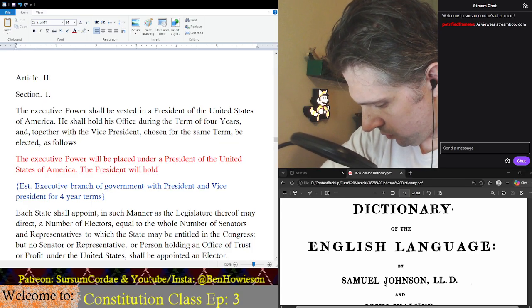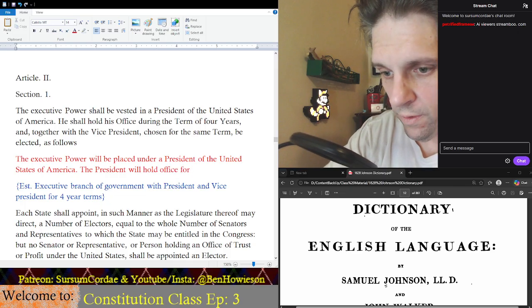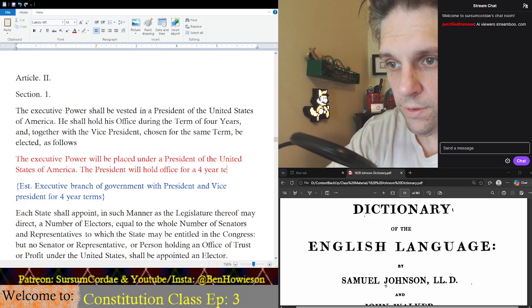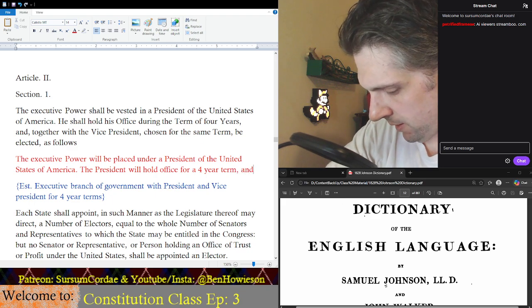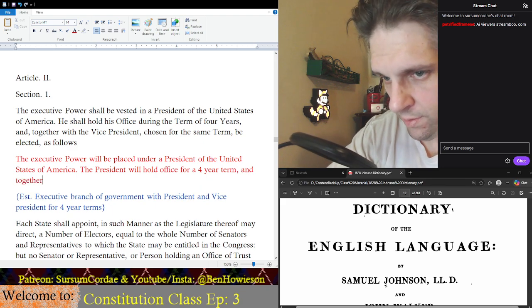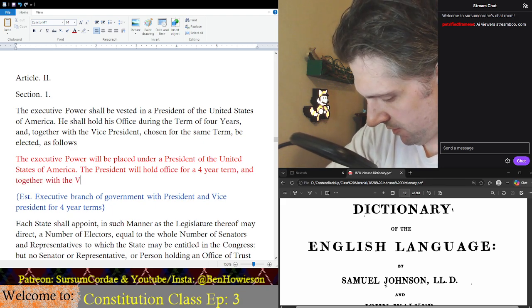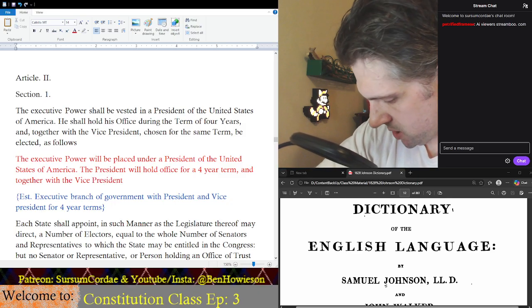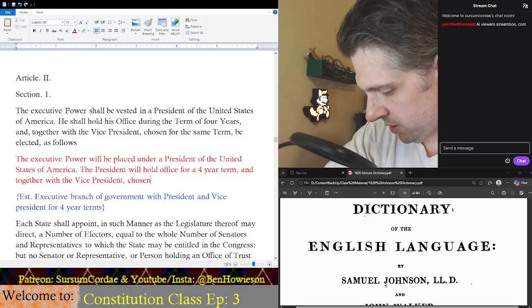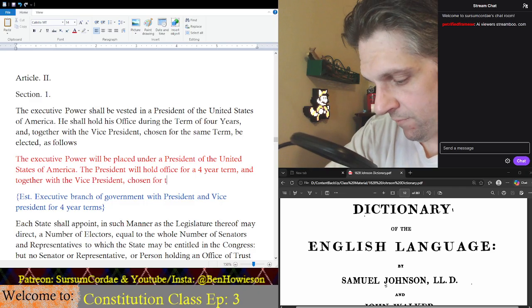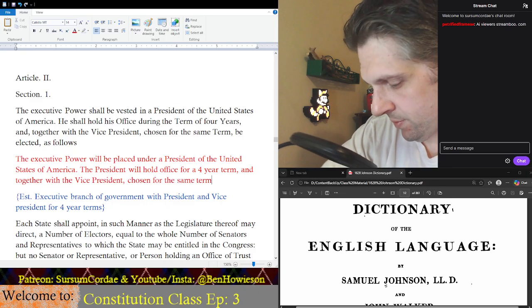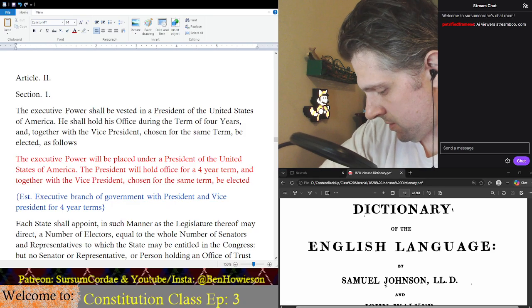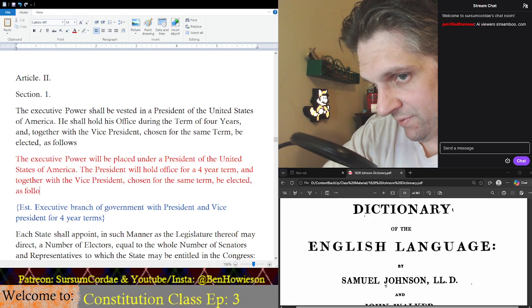The president will hold office for a 4-year term, and together with the vice president chosen for the same term, be elected as follows.